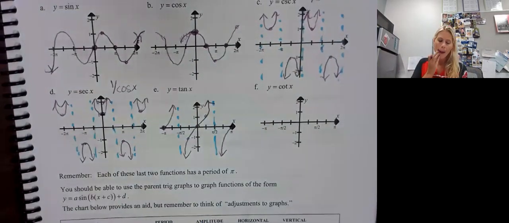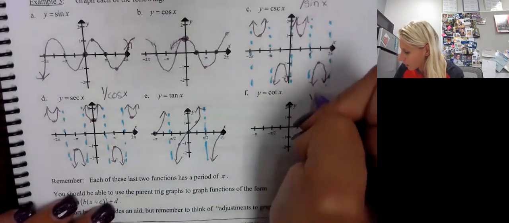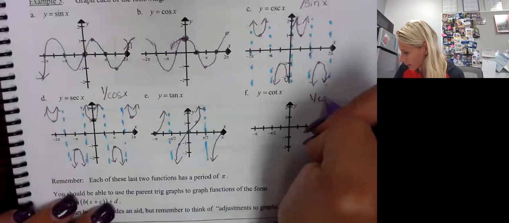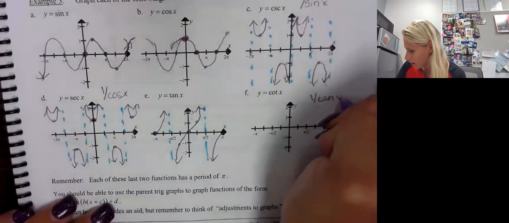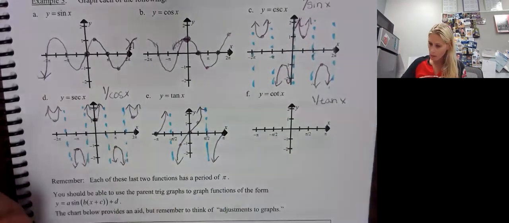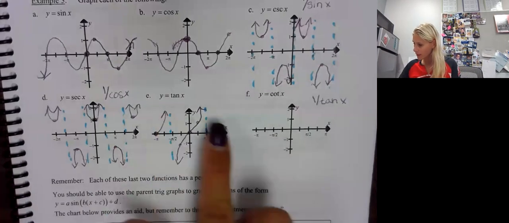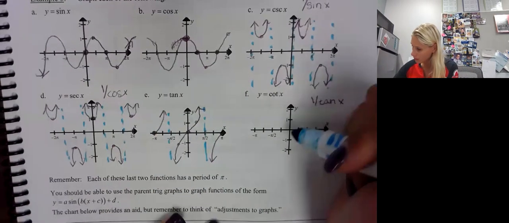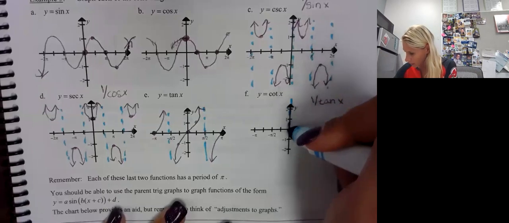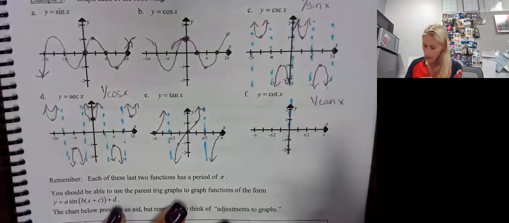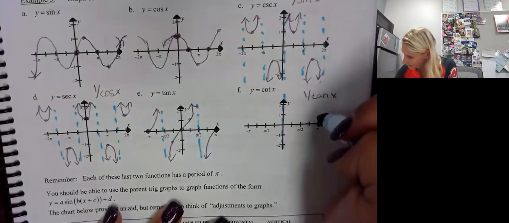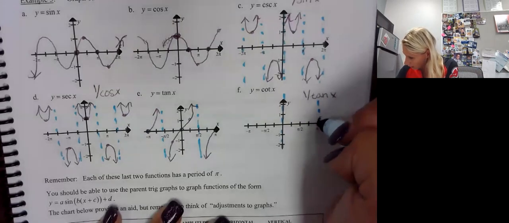Okay? Now let's talk about cotangent. Cotangent is 1 over tangent. So let's compare it to the graph. Remember, where it's 0 for tangent, it would be an asymptote for cotangent. So it's 0 at 0, and it's 0 at pi.